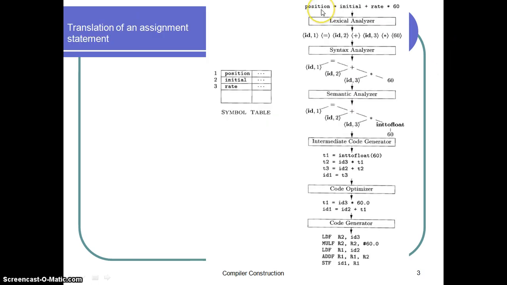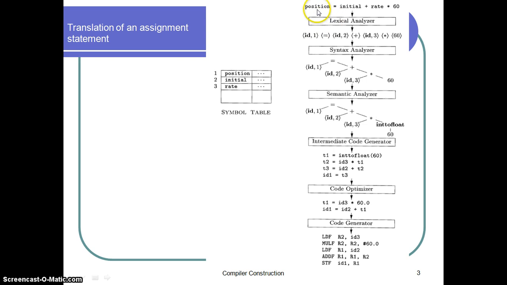We'll take one statement: position = initial + rate * 60. We'll call that the source program. So how are the phases involved in solving that particular statement? In the lexical analyzer, it will create tokens.